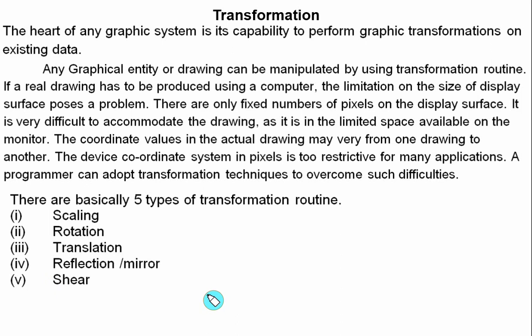In the rotation transformation routine, the rotation of any point is always with respect to some fixed point, and we are interested in the coordinates of the new point after rotation. Using the translation routine, it is possible to translate or shift a point or object in either the x direction, the y direction, or both x and y directions.